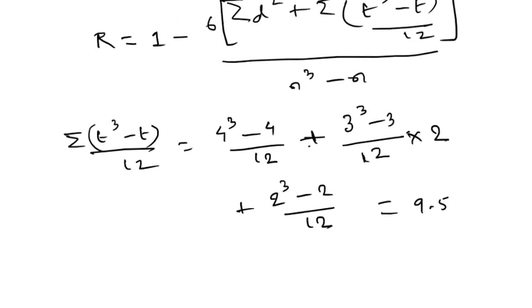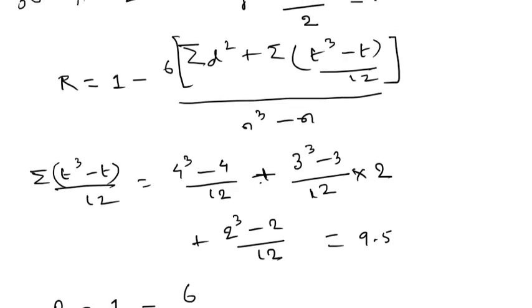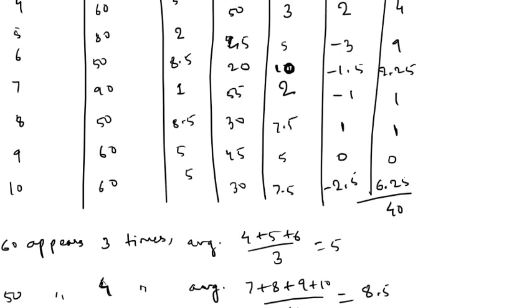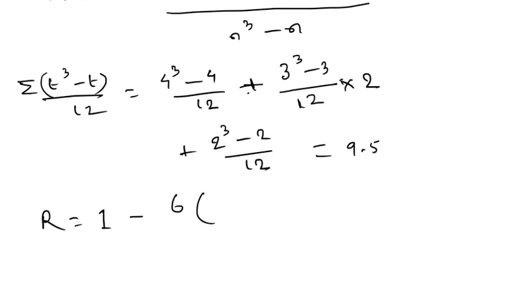Therefore R is equal to 1 minus 6 into summation d square, which we get as 40, plus 9.5, divided by n cube minus n.